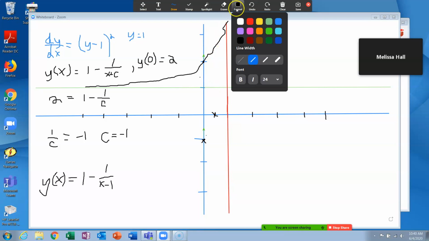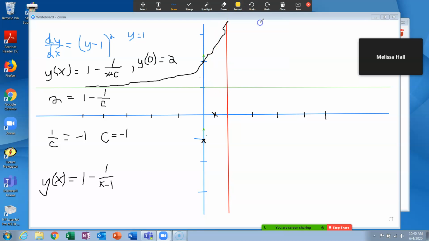You want to make that yellow again? This is not part of the solution, but I'm just copying what the book had. It would have gone up like this, not touching it, and down like this. And again, not touching it.